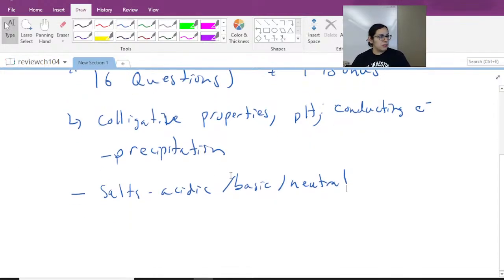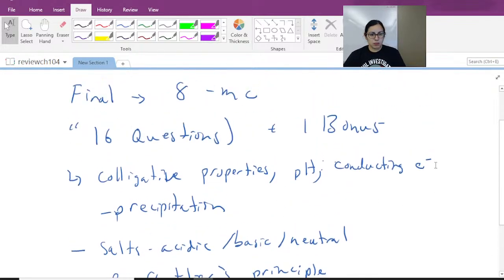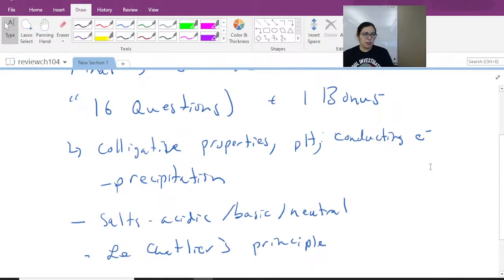A little bit about Le Chatelier's principle. So that pretty much covers the multiple choice.